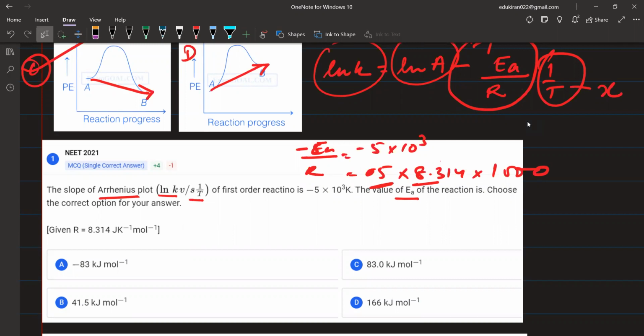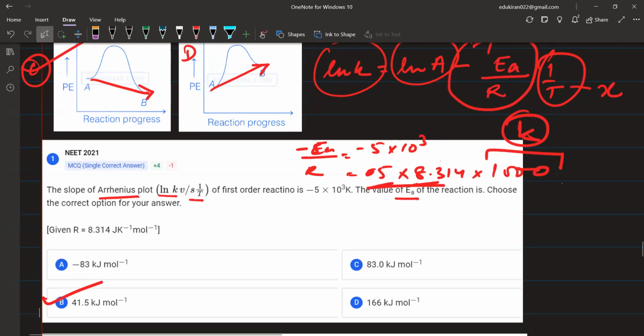Calculate this value and you will get B as the answer: 5 into 8.314 is 41.5, multiply by 1000, so you will get 41.5 kilojoule per mole. So B is the answer.